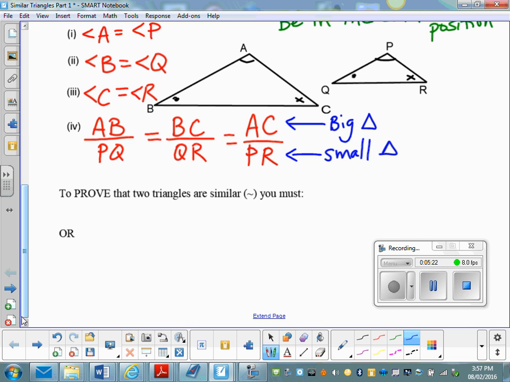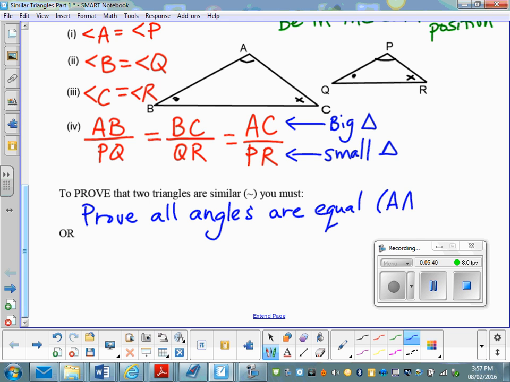Now, if we want to try and prove that two triangles are similar, you can do one of two things. You can prove all angles are equal. And if we use that proof, we would use AAA as our reason for angle, angle, angle.